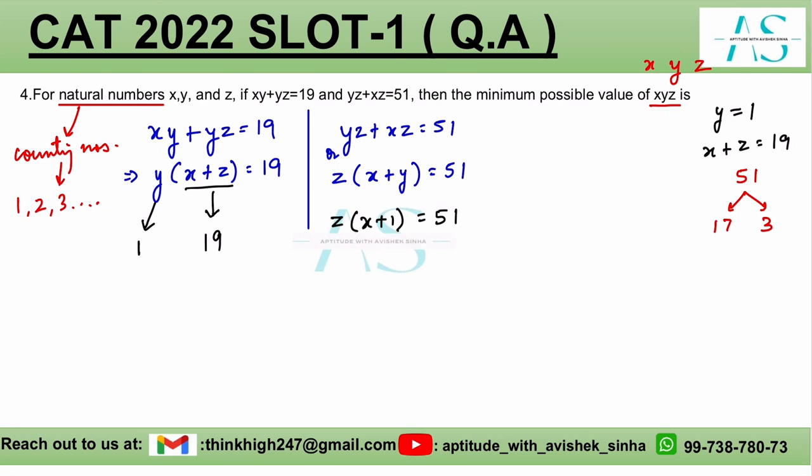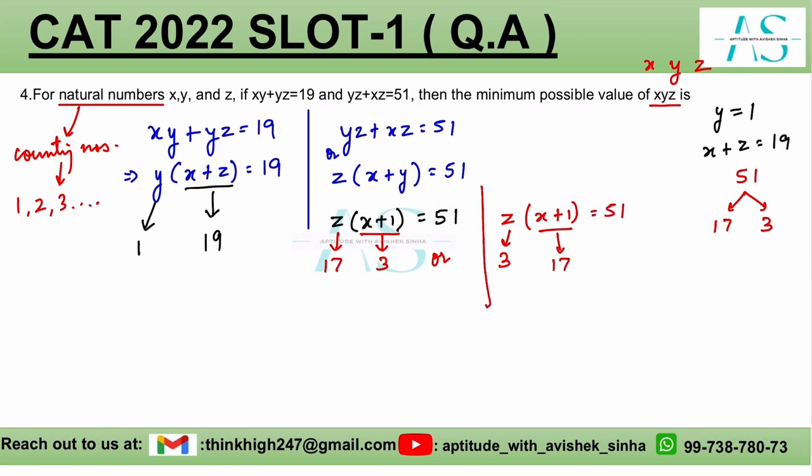So we can write this as either z being 17 and these two becoming equal to 3, or we can write z as 3 and x plus 1 as 17. Yes or no?